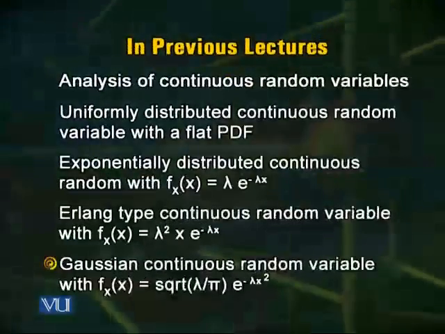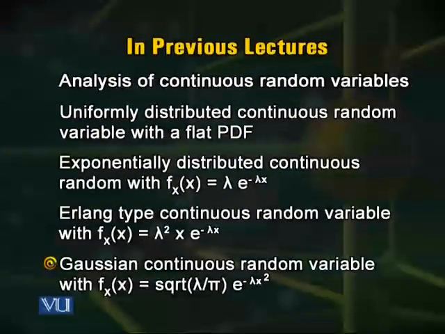One more thing about this Gaussian random variable is that it is symmetric. Because of the format of PDF, it is symmetric across the y-axis, across the x is equal to 0 line. So Gaussian random variable is defined over the whole real line, and it has PDF of the format k times e raised to power minus lambda x square, and it was shown to you that this k is equal to square root of lambda over pi.